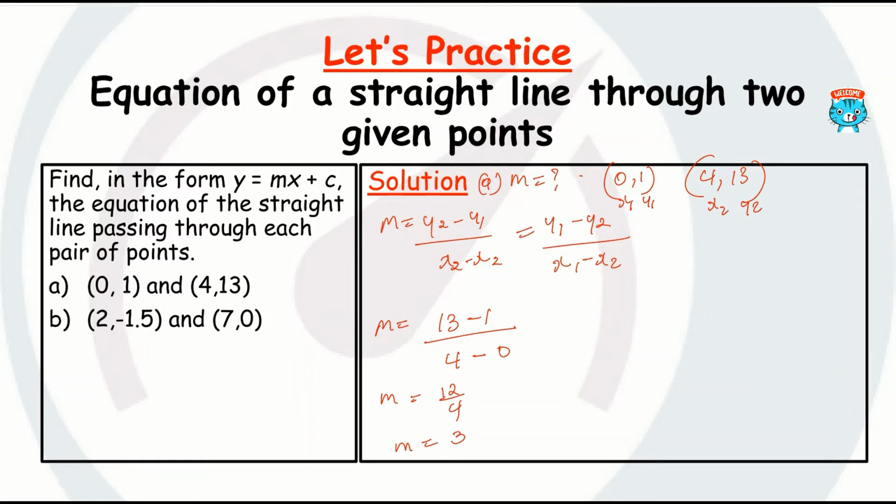Now that we have our gradient, which is 3, when we have 2 points on the line, you can choose any point, either 0, 1 or 4, 13, to form the equation of the line, because both points are on the line and any point on the line will give you the same equation.